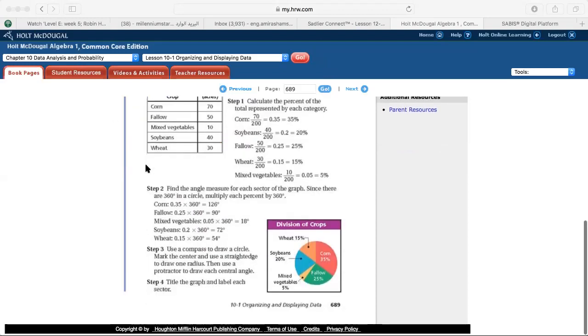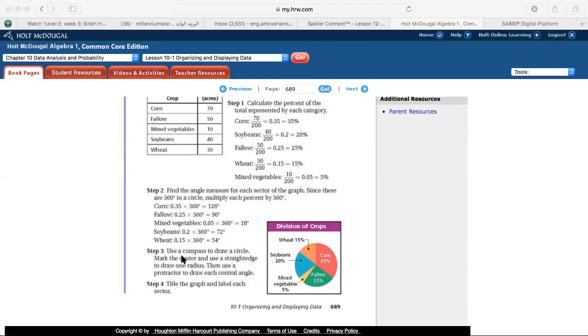Okay, step 3. Use a compass to draw a circle. You know the compass? The tool that I use to draw the circle. Mark the center and use a straight edge. Straight edge is a ruler. To draw one radius.